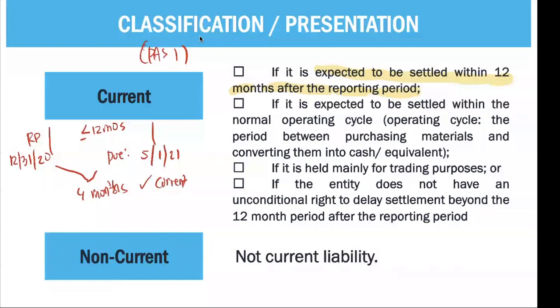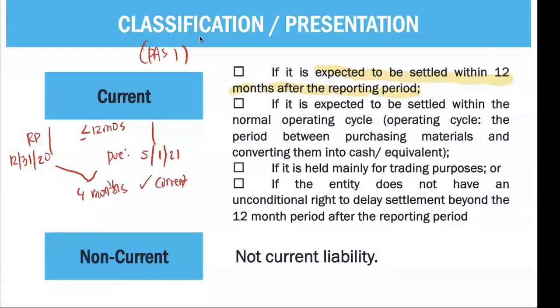Next, if it is expected to be settled within the normal operating cycle, where the operating cycle is defined as the period between purchasing materials and converting them into cash or cash equivalent. Your normal operating cycle is based on the concept from financial management, from the purchase up to the conversion into cash. When can we say that it is considered current under bullet number 2?